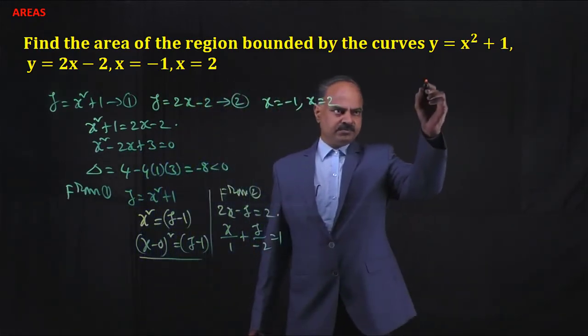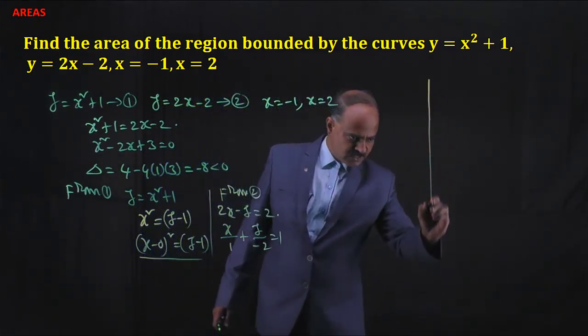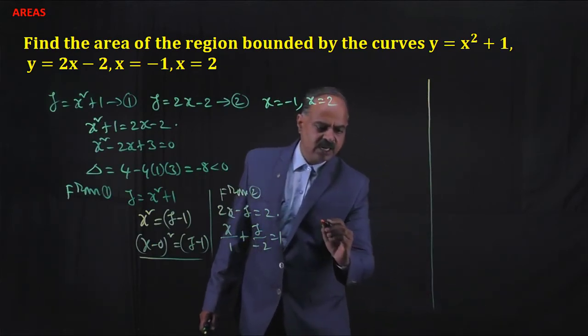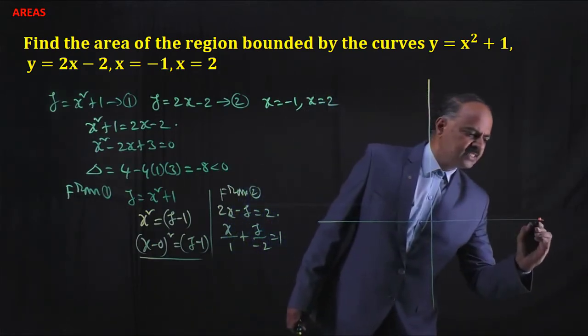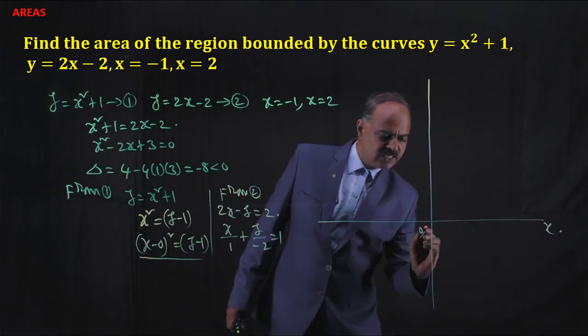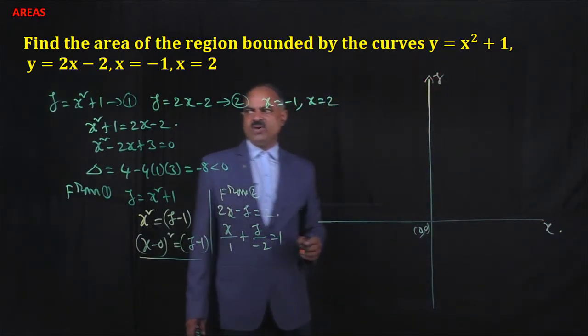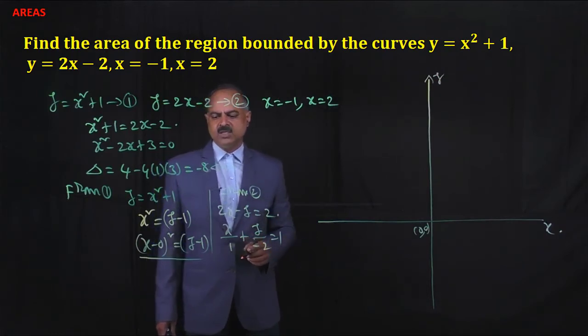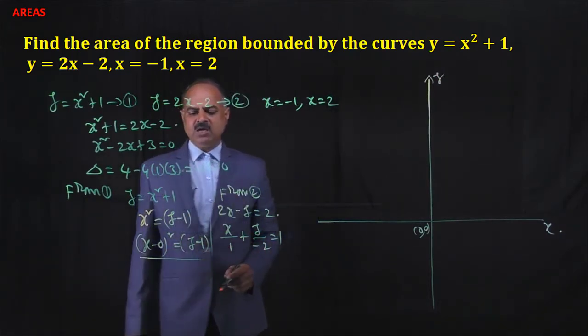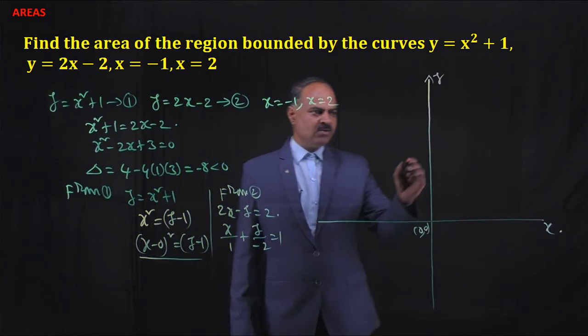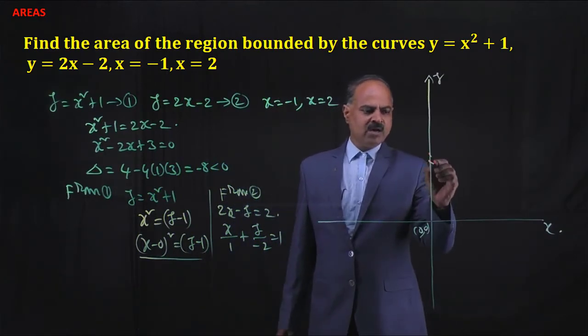First, this is the y axis and this is the x axis. So this is the origin 0, 0. Draw the graph y equal to x square plus 1. So this is the parabola with vertex at 0 comma 1.